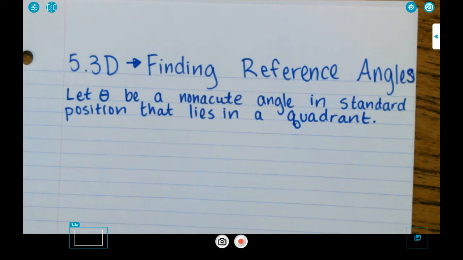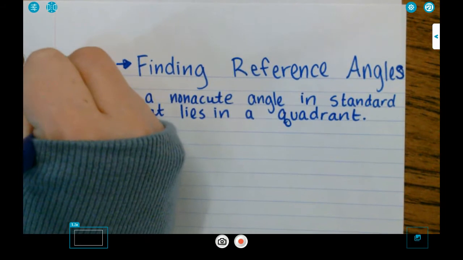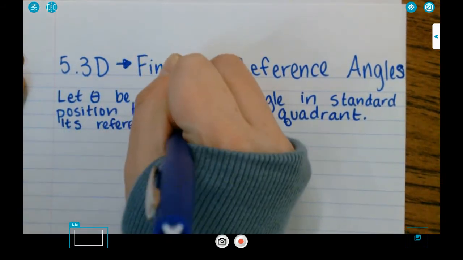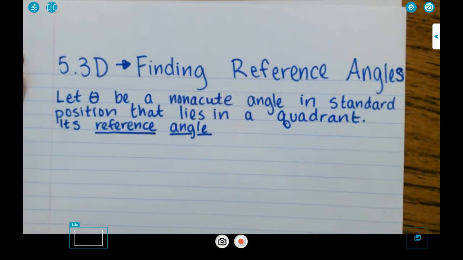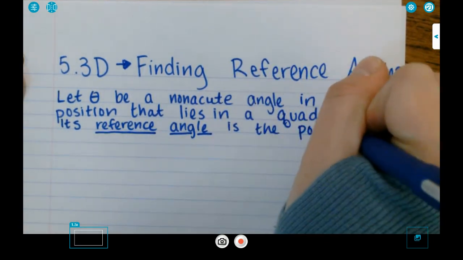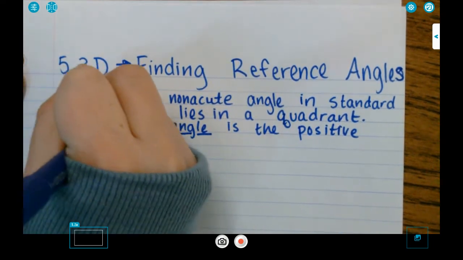So if we have an angle that is inside quadrants 2, 3, or 4, then its reference angle, so that's what we're going to be finding today, its reference angle is the positive acute angle. So positive, we know what that means. Acute means less than 90 degrees, so between 0 and 90.